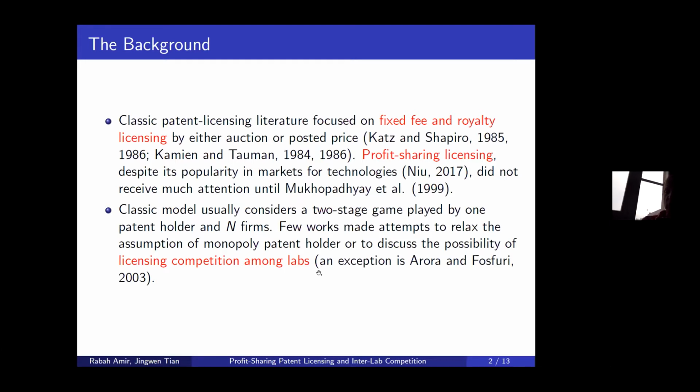In this paper, we do as well in the first model, but then a key aspect of what I'll talk about today is that we introduce possible competition among labs. So if two or more labs at the same time come up with the same innovation that would allow a licensee to enter or licensees to enter the industry, then the labs would compete amongst themselves.